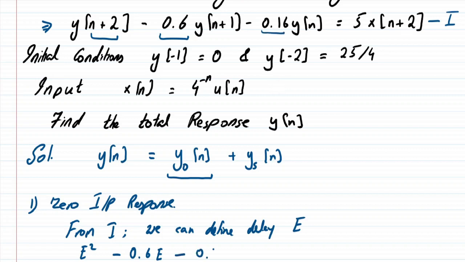All of these yield the operational form, which is now in terms of E's rather than delays. Similarly, on the input side, there's a 2 unit advance, so we have E square x of n. Say this is our second expression.